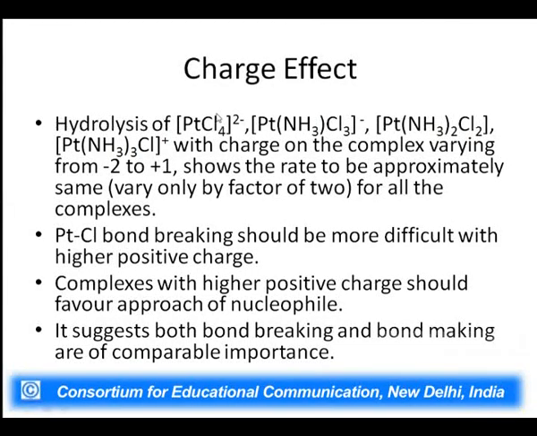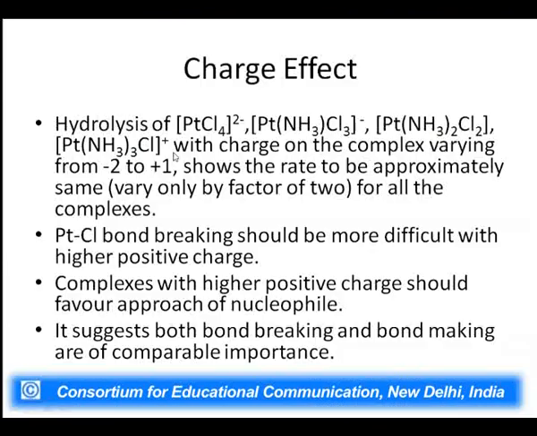So, if there is a high positive charge, platinum chloride bond breaking should be more difficult, because the more positive the charge, the more difficult it would be to take a negatively charged ligand out of this. And again, a high positive charge will favor the approach of nucleophiles.